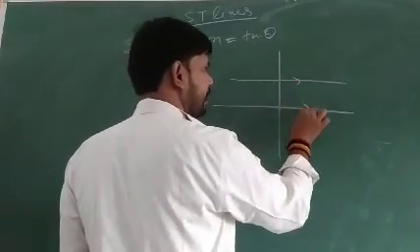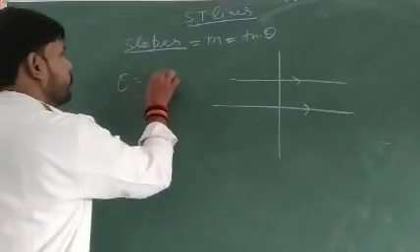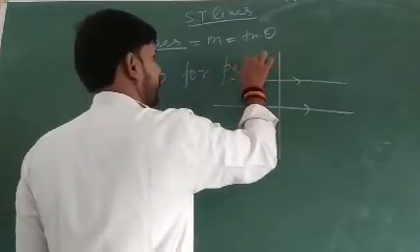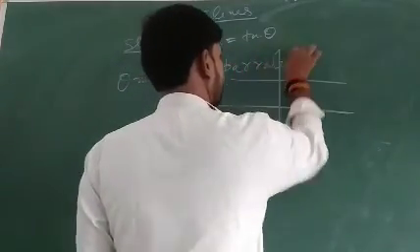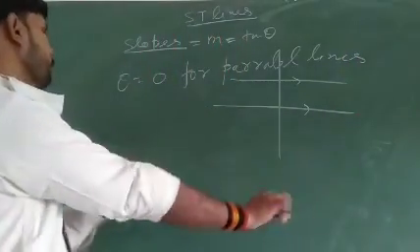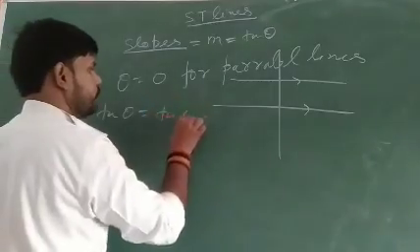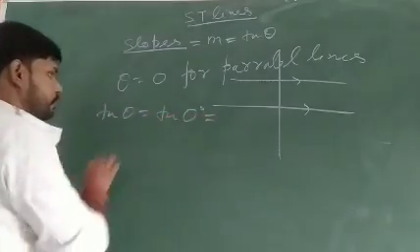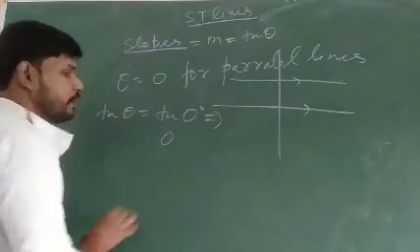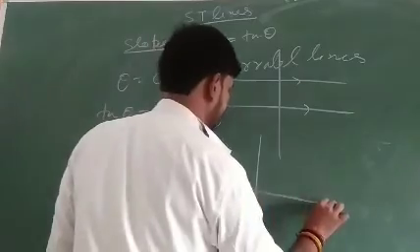This line will be parallel to the x-axis, then the angle will be 0. Theta equals 0 for parallel lines. Theta equals 0 means tan theta equals tan 0 degree. And tan 0 degree means how much? That will be 0.